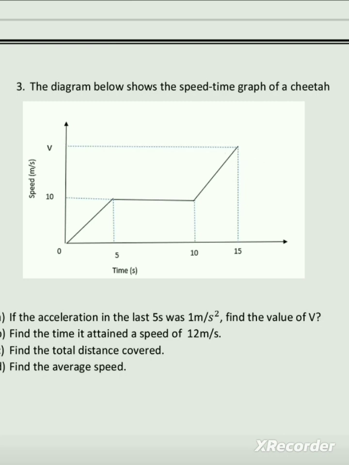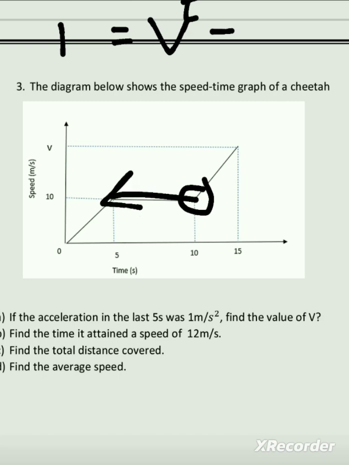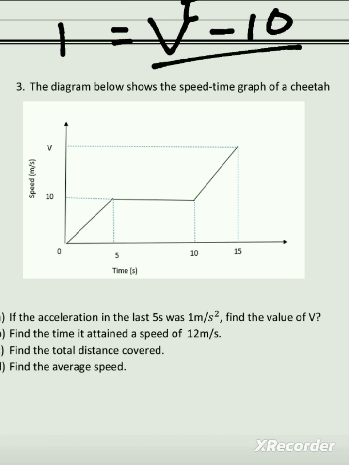We're going to act as if we want to find acceleration. Acceleration is equal to v minus u over t. The acceleration they have given us is 1. The final velocity we don't know, it's v, minus the initial velocity. It started from here, so the initial velocity is 10, over the time from here to here, which is 5. So 1 is equal to v minus 10 over 5.